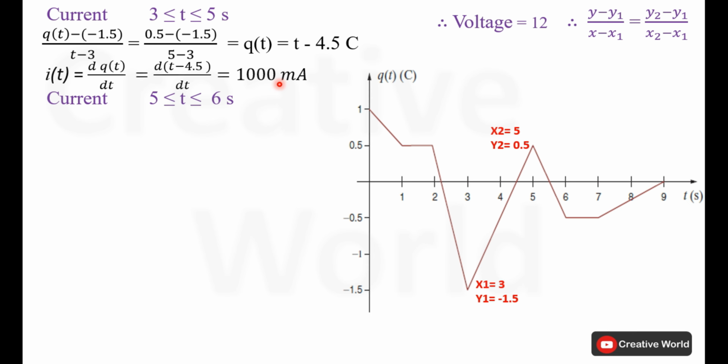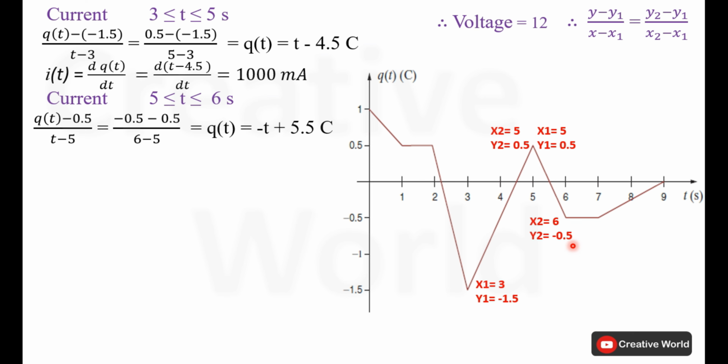Calculating the current between 5 and 6 seconds, our starting points are 5 and 0.5 and ending points are 6 and minus 0.5. Entering these values into the straight line equation, we got the equation of charge between 5 and 6 seconds as minus t plus 5.5 coulomb.